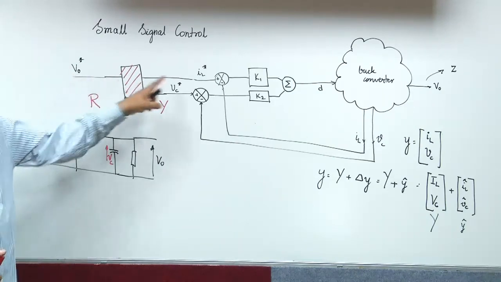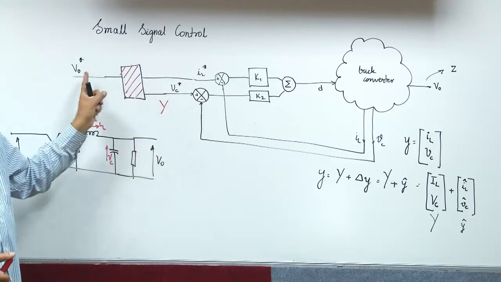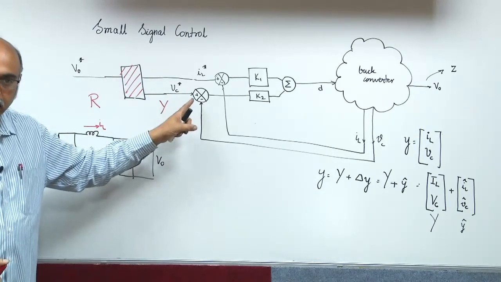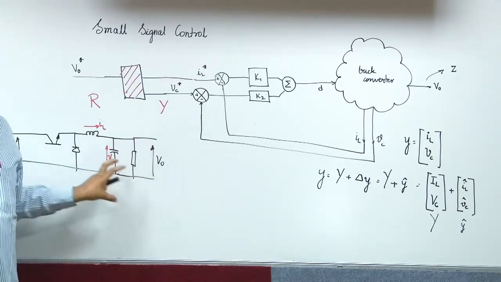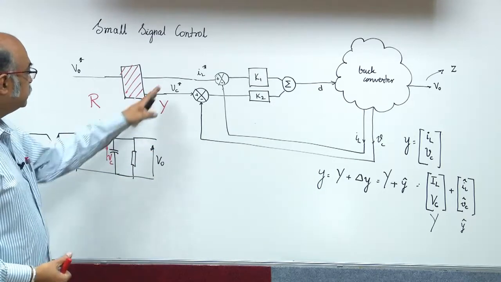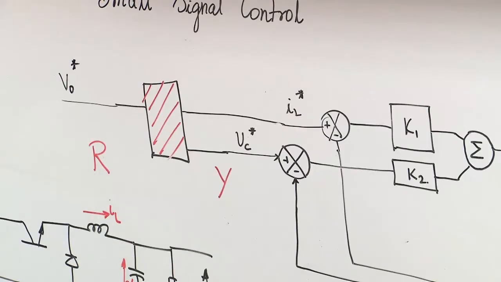The reference is not IL star, right. Of course, in this it turns to happen that V naught star and VC star will be the same for this particular plant because these two are common. But what Y you have here and the reference that you want can be different. It can be a scaled version algebraically multiplied with some other function.